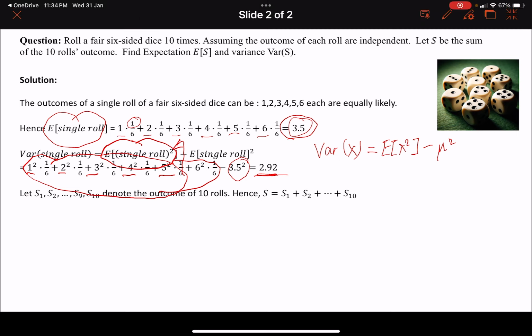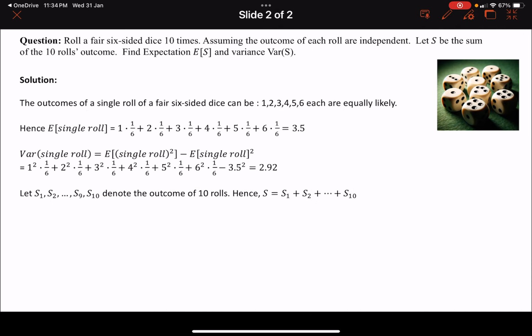Let me clean the notes a little bit. Next, we want to calculate the expectation of X, which represents the sum of the 10 rolls. We can first decompose the problem. Let X1, X2, X3, and so on denote the outcome of each of the 10 rolls. Hence, X is equal to X1 plus X2 until X10.